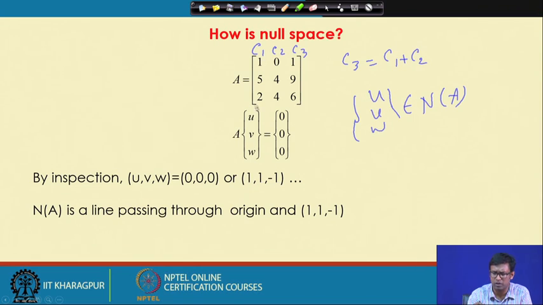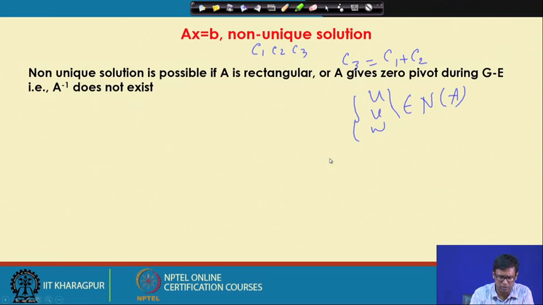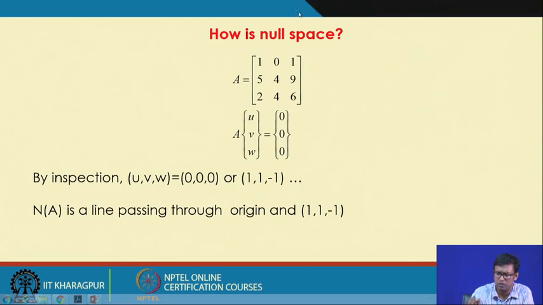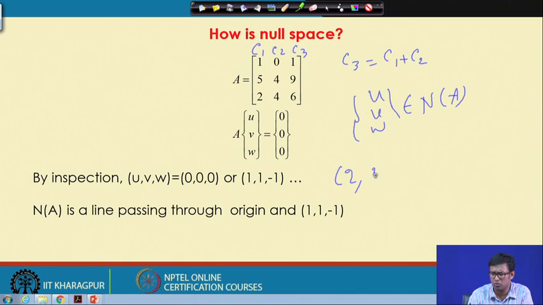So, first column into 1, because the third column is the sum of the first and second columns, first column into 1 plus second column into 1 and third column into minus 1 is another solution. Similarly, another solution can be 2 2 minus 2: 2 into (1, 0, 1) plus 2 into (5, 4, 9) minus 2 into (2, 4, 6) is equal to 0.